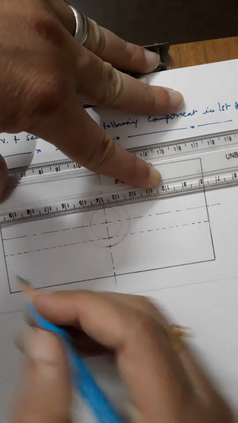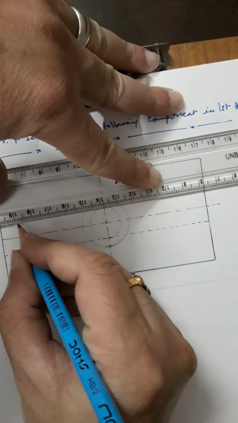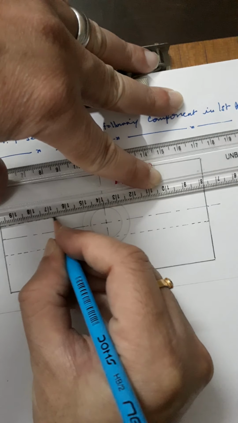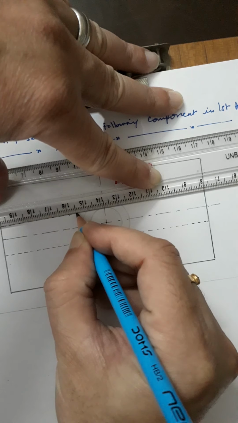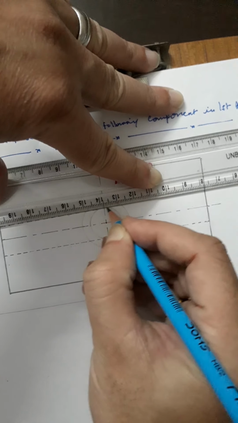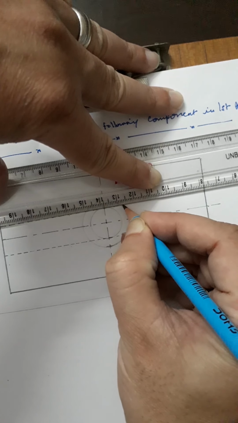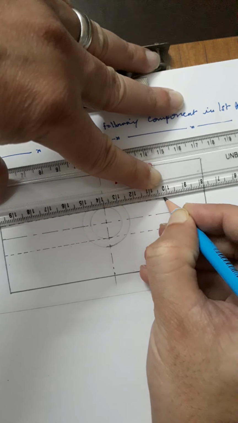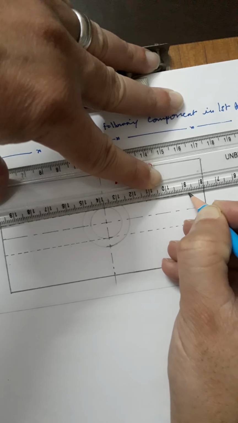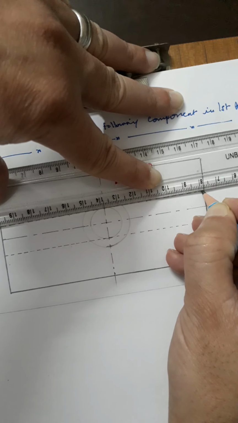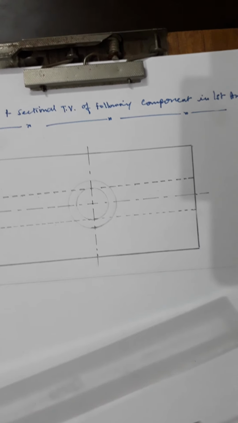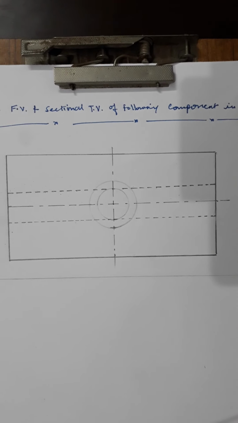So again I am going to draw this for the slot that is at the back end. It is hidden, so only dash lines are there. That will be in the front view. So this will complete your front view.